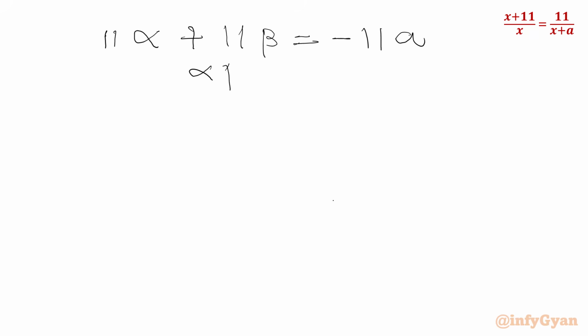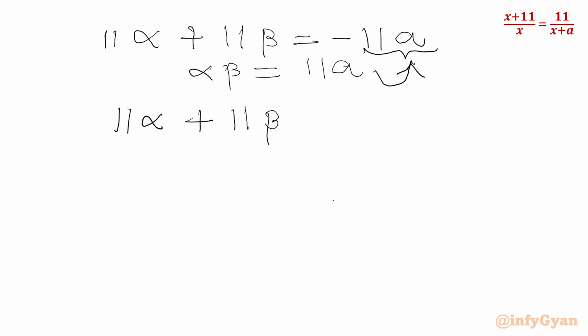Here alpha times beta equal to 11a. So let us write over here alpha beta. We will get equation 11 alpha plus 11 beta equal to minus alpha beta.